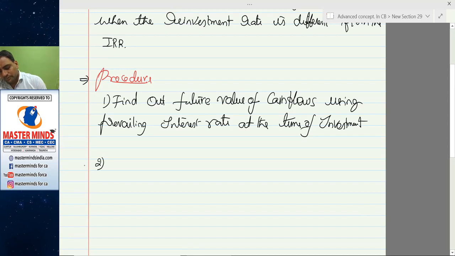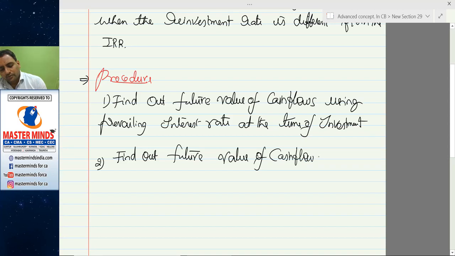Step 2. Find out the future value of cash flows.